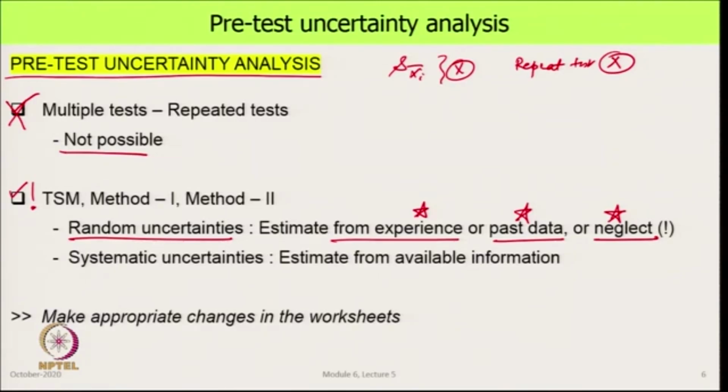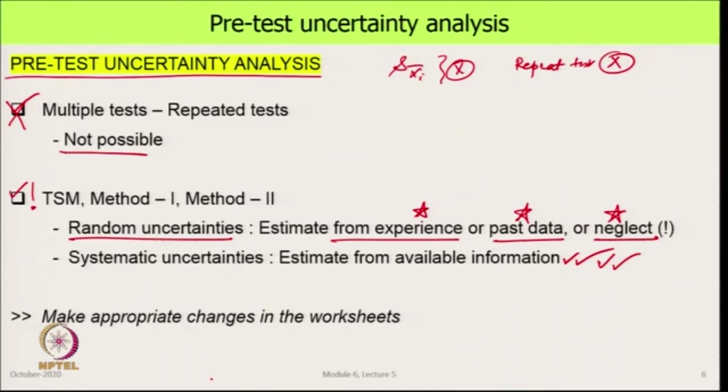And then we can proceed exactly the same way as we have done. Systematic uncertainties, by and large, everything is available over here. And being pre-test, we could even say, okay, I use this instrument, if things do not work out or I do not get that instrument, I use some other instrument, we can pick up information about that instrument and continue doing the analysis. So, largely the systematic uncertainties can be estimated very well, even in the pre-test case.